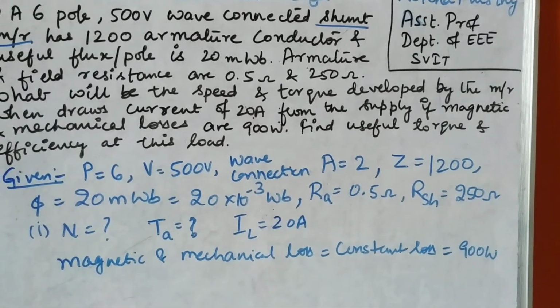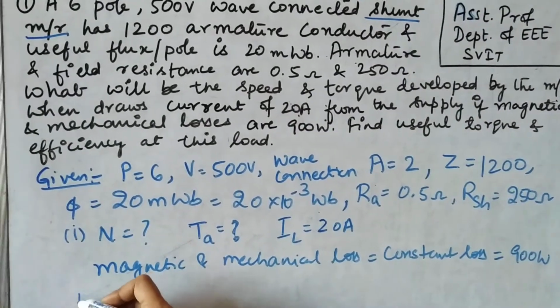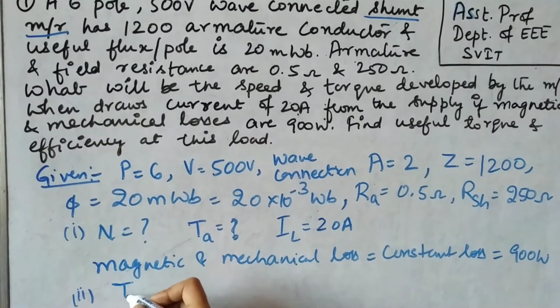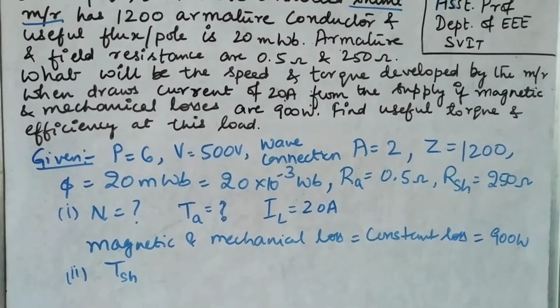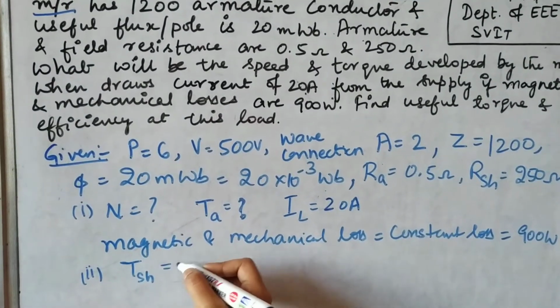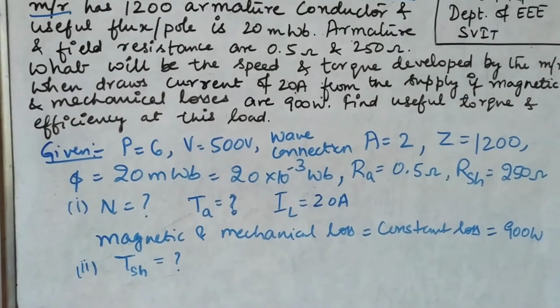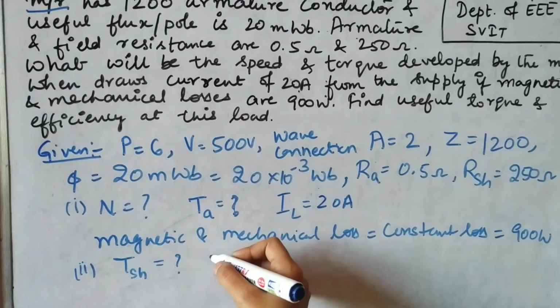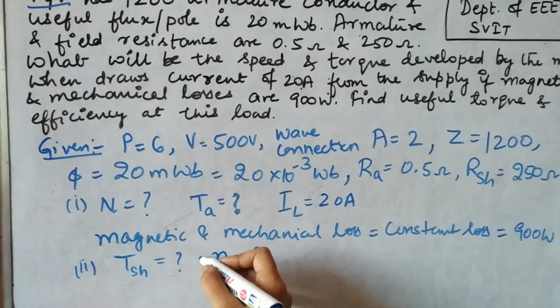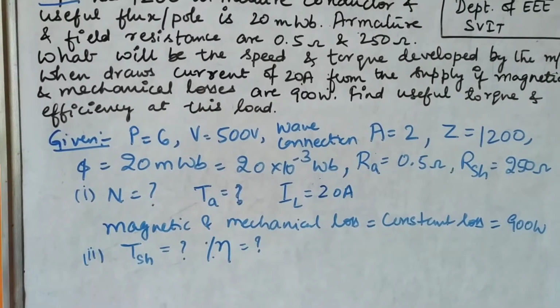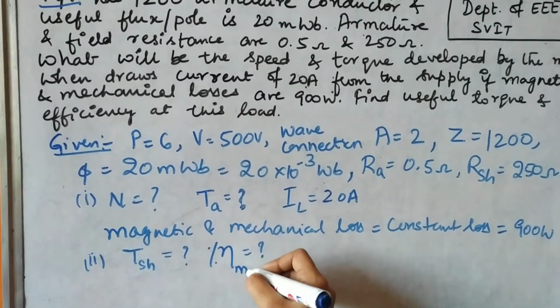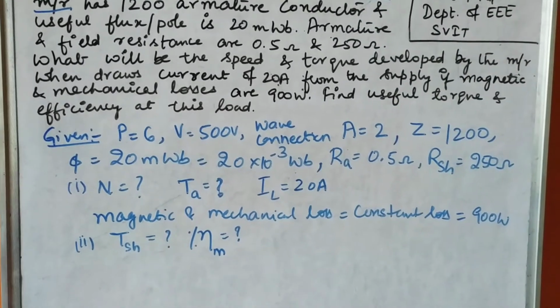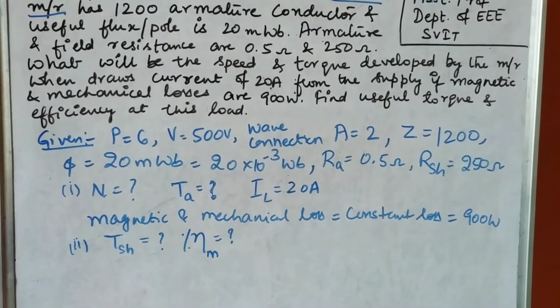Find the useful torque, which means the torque with respect to the shaft, T shaft. And find the efficiency at this load, that means the efficiency when the machine is acting as a motor.